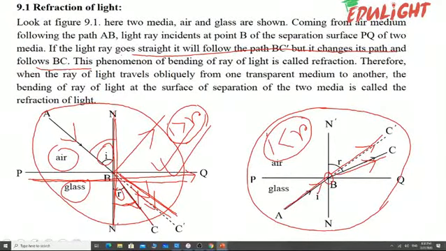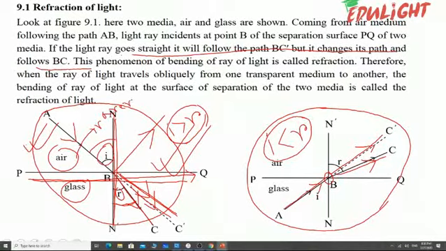The second reason for which this is happening is because in this case the light is going from a rarer medium; air is the rarer medium. Why rarer?